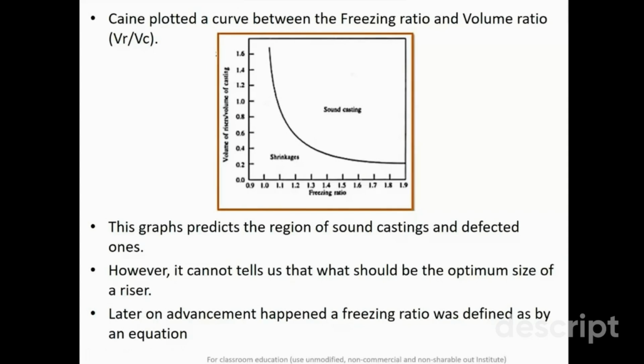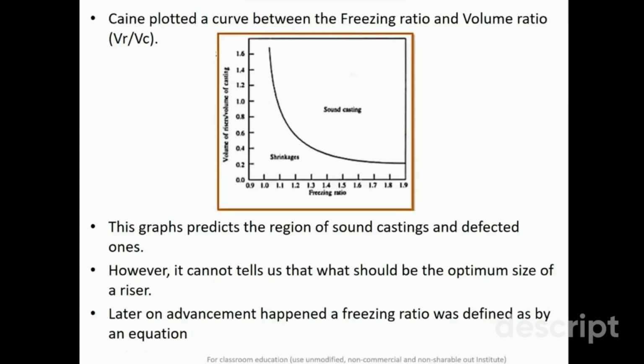After several experiments, he plotted the curve and observed that the points above this line gave sound castings, while the experiments falling into this zone gave defective castings full of shrinkage defects.